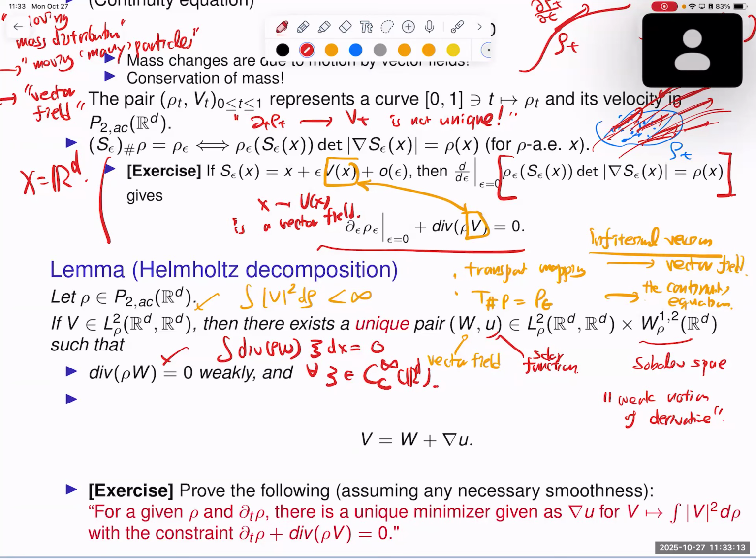This is the important thing: your vector field V can be decomposed into this W, which is rho-divergence free, and the gradient of some function.